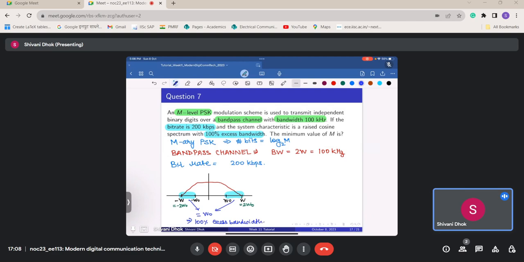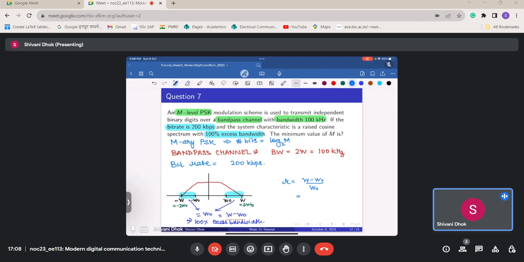Okay, so what is this part? This part is basically equal to W minus W naught. So the definition for your roll off factor R is given as W minus W naught upon W naught. And we saw that for 100% excess bandwidth, this W minus W naught quantity is equal to W naught.